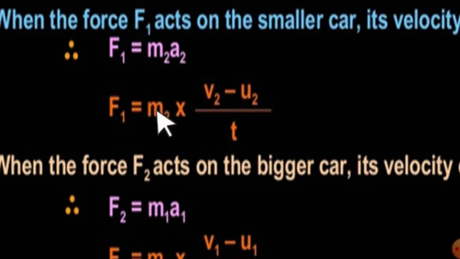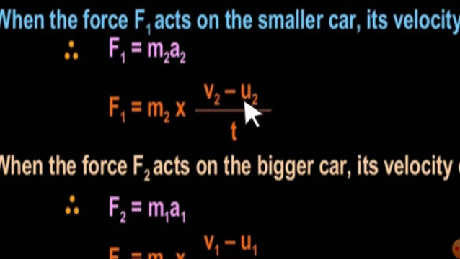So it will be equal to m2 into acceleration, which means change in velocity divided by time. We call it the rate of change of velocity. When time is in the denominator, we generally call it rate. Rate of what? Rate of change of velocity. So we call that acceleration, right? So change in velocity is what?